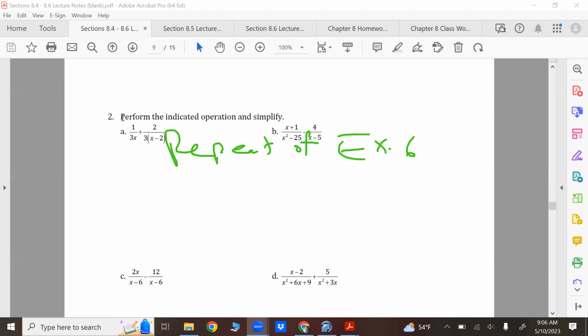So we did do 8.6. They're mislabeled in the notes. What's labeled 8.5 part 2 and 8.5 part 3 is actually 8.6. The stuff you're doing actually goes back to 8.4. Believe it or not.